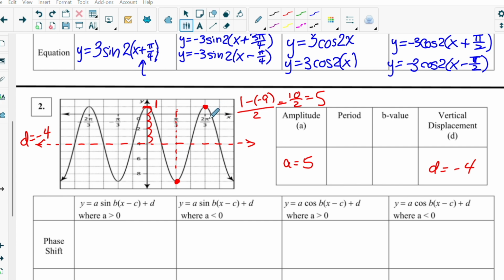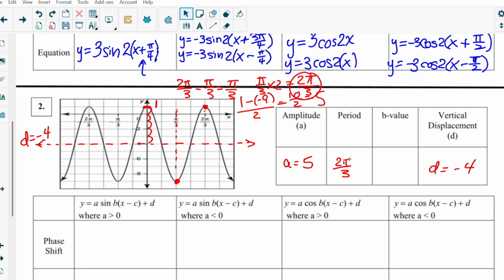So half a period. This is easy to read. That's 2 pi over 3. So 2 pi over 3 minus pi over 3. Half a period is pi over 3. And then pi over 3 times 2. That's 2 pi over 3. So my period is 2 pi over 3.